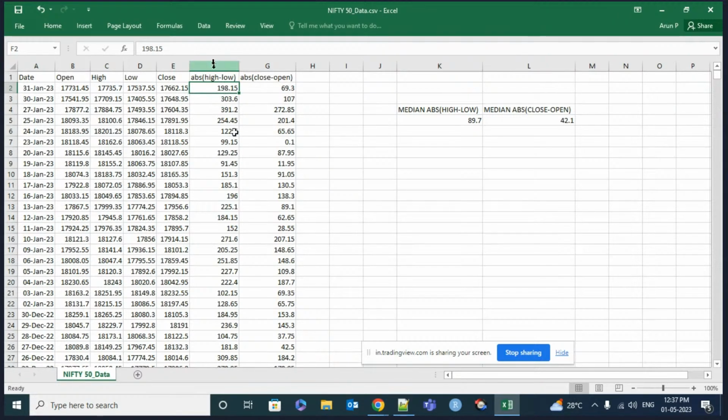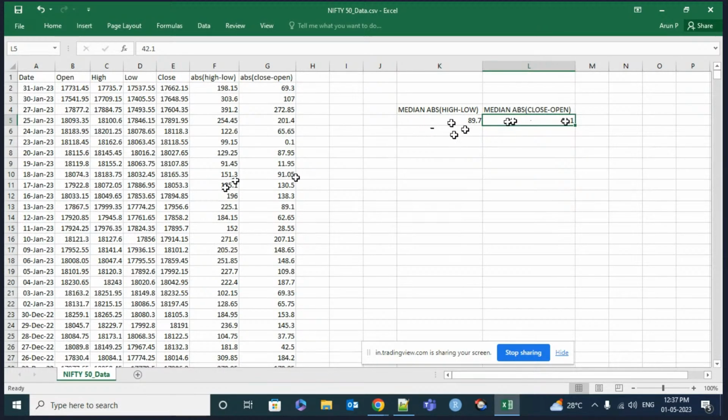Then I have calculated the average of column F and column G here. I used the median, not the mean, because there is a wide range of data here. The median is the right metric to use if the data has a very wide range. So this is open and close, the body of the candle, and this is wick to wick, highs and lows.